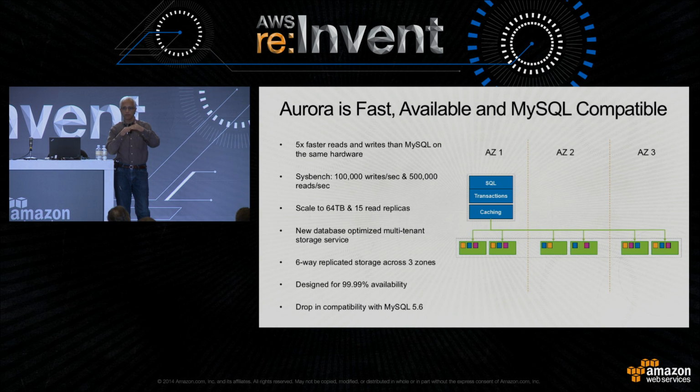So not only have we built a brand new storage service, where anytime you do a write, it writes to all of the different AZs. It writes to 3 AZs, does 2 copies in every AZ. But it also is tightly coupled with the database engine so that you reduce the number of IOs that one has to do to get the kind of performance we're talking about.